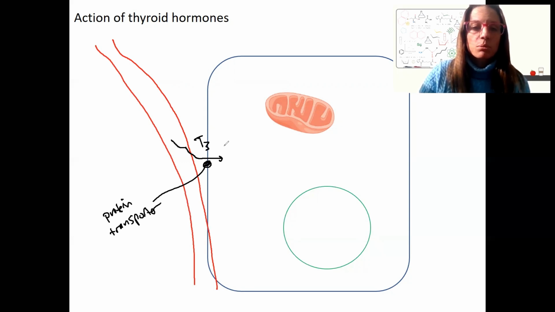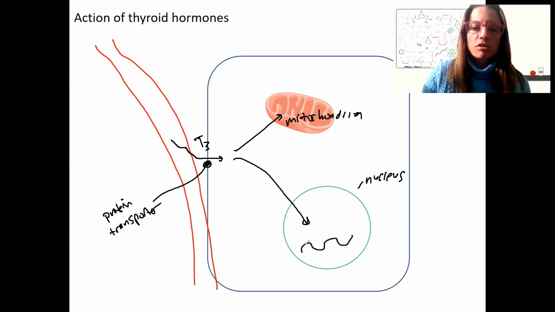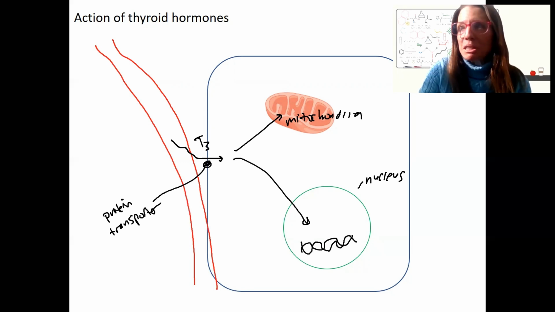So once T3 is in the cell, it's going to act on the mitochondria. It's also going to go into the nucleus and act as a transcription factor for DNA. First, it's got to bind to its protein, right? I didn't really say that part.